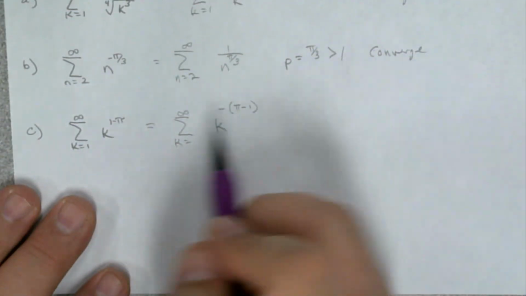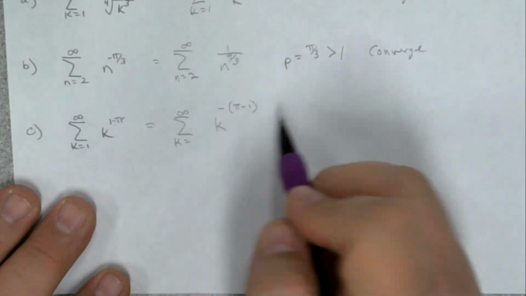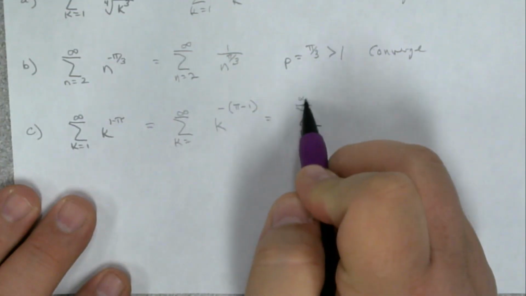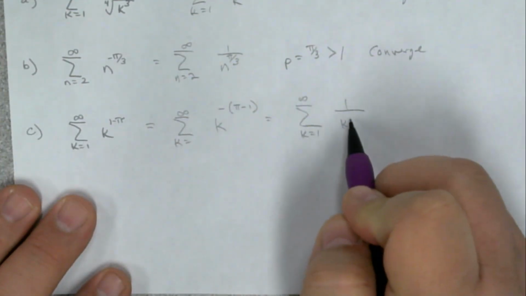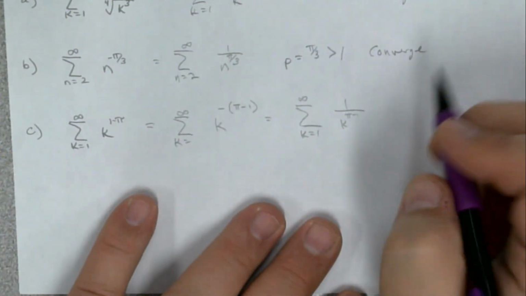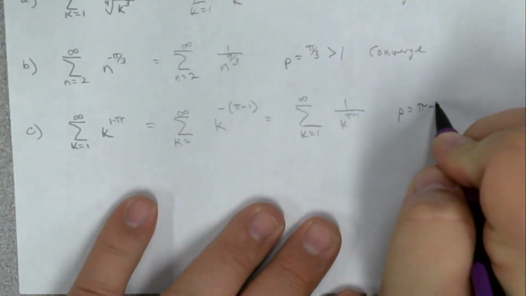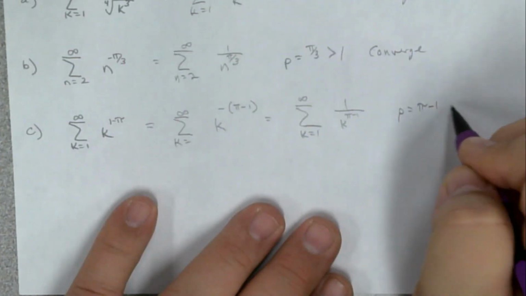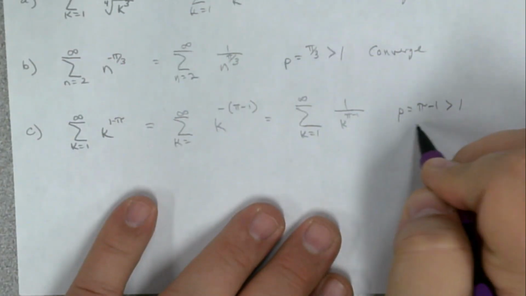So if I factor out the negative 1, now this exponent is negative, which now I can write as 1 over k to the pi minus 1. So this is a P-series where P is equal to pi minus 1, and pi minus 1 is greater than 1, so this series will converge.